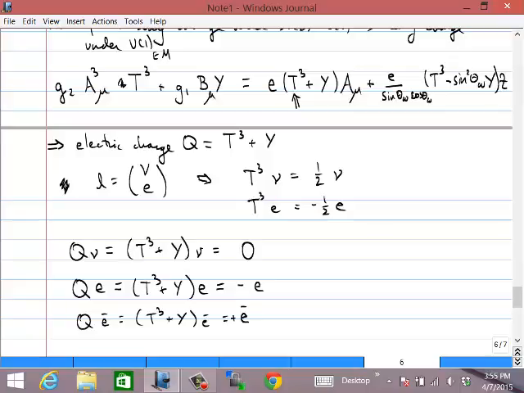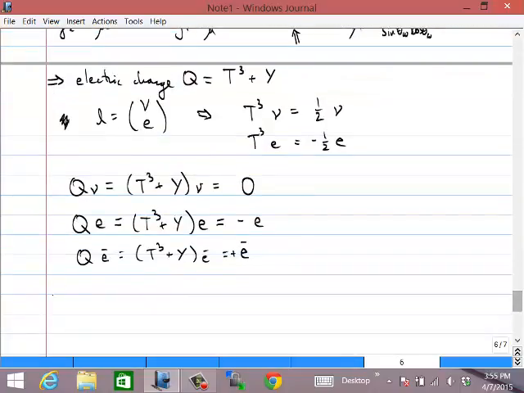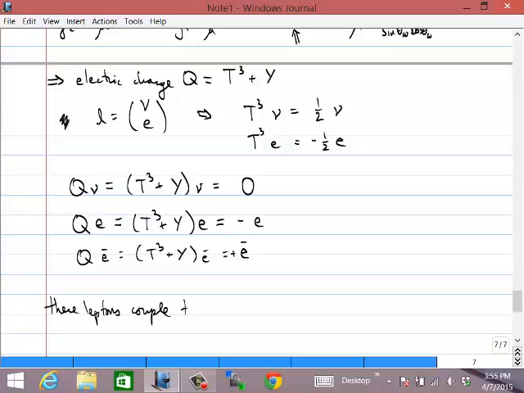Okay, and now based on this, there are going to be various other couplings between, say, the electrons and the neutrinos and the W and Z bosons, which you could work out. So, for example, these leptons couple to the gauge bosons in the usual way.